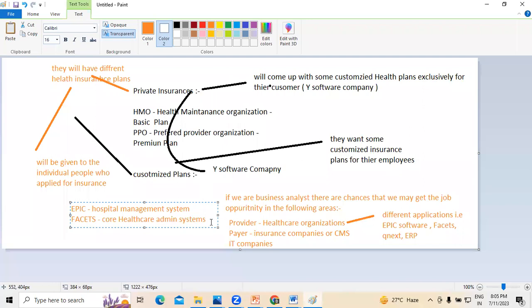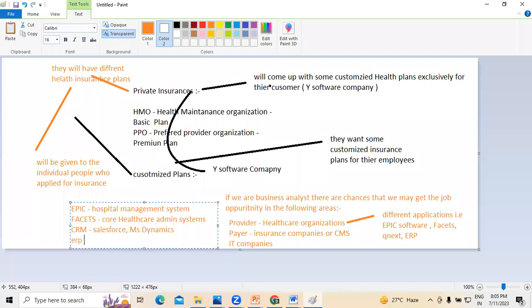At the same time, organizations may use some CRM applications also. For example, Salesforce, or Microsoft Dynamics, etc. So they may use CRM.